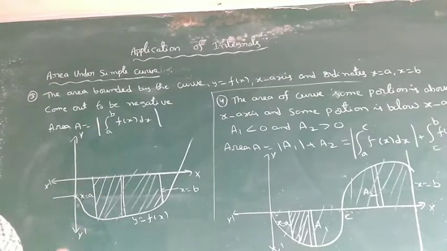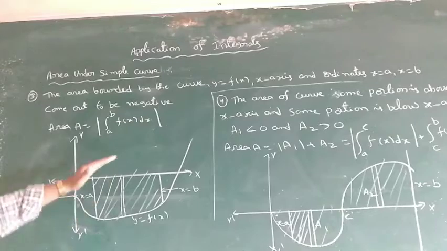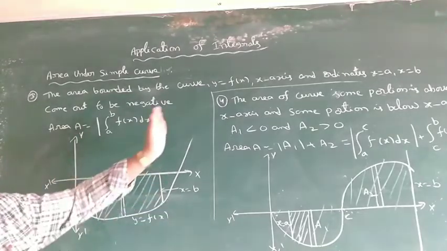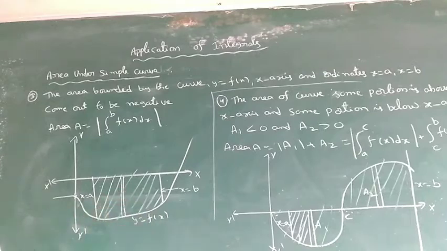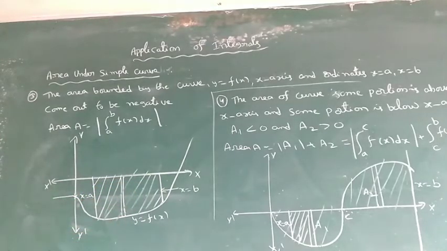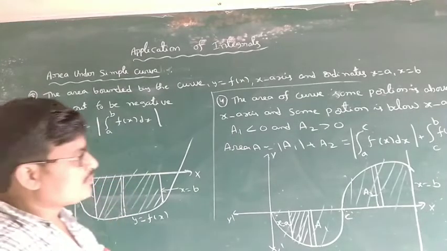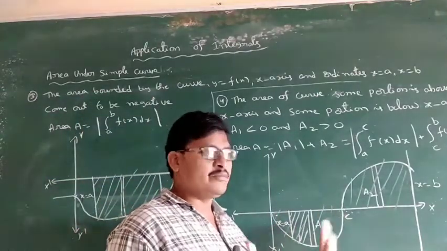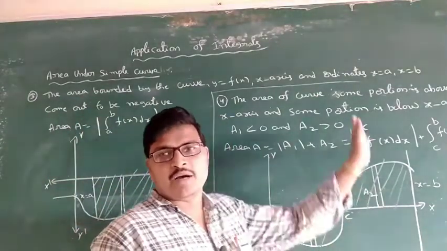If above, the limits are A to B, f of x dx. If below, starting A and ending B means modulus, because below means negative. So in the graph, A to C is below and C to B is above.